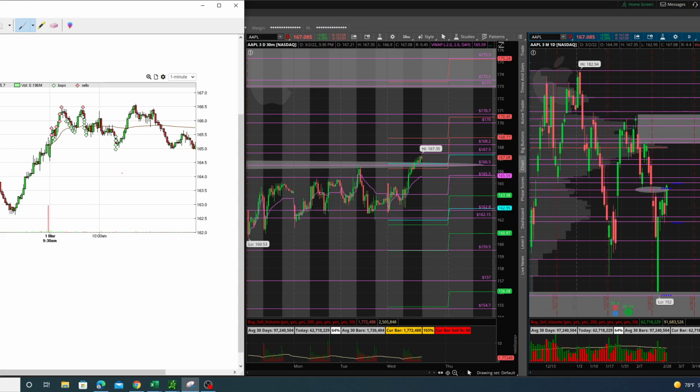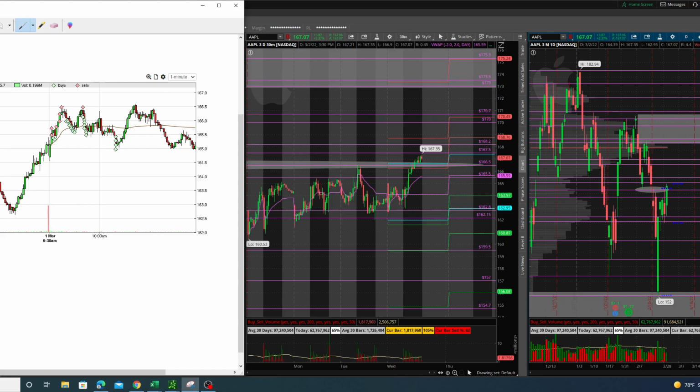So one other thing I wanted to discuss is why we ended up getting a flush after this high of day break up here in this 166.50 area. And I am on the white screen if you all are struggling to follow along.